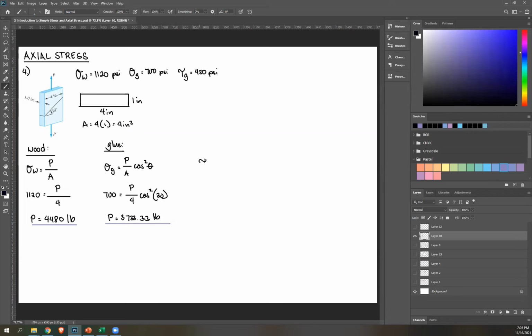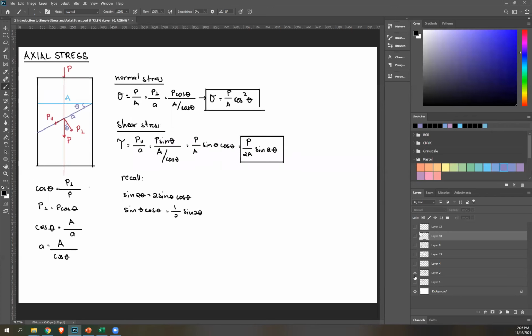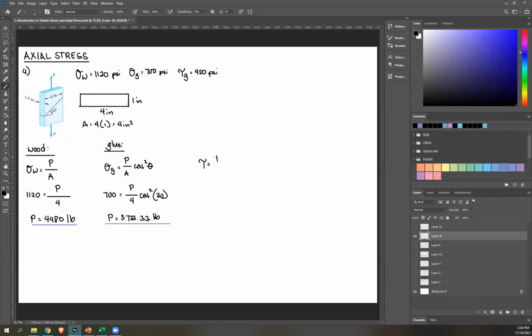And then finally, let's solve for shear stress, which we also know the equation for, and that's just P over 2A sine 2 theta. Shear stress in glue is given as 450. P over 2A, A is 4, sine of twice the angle, 30.